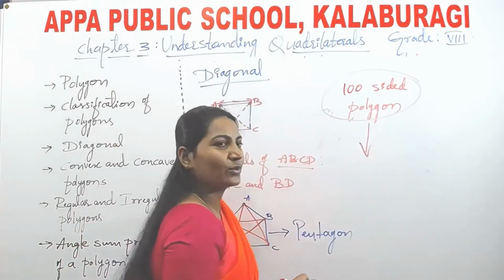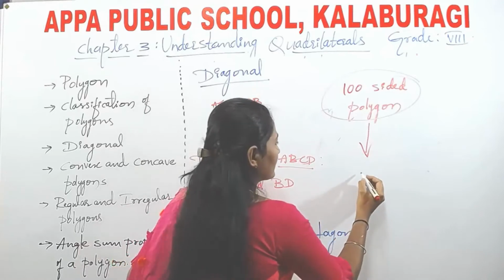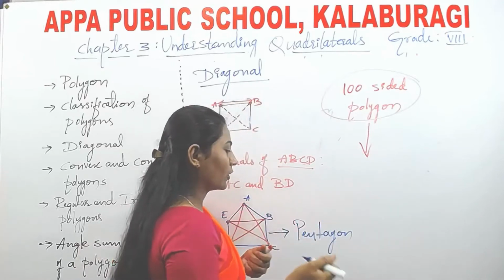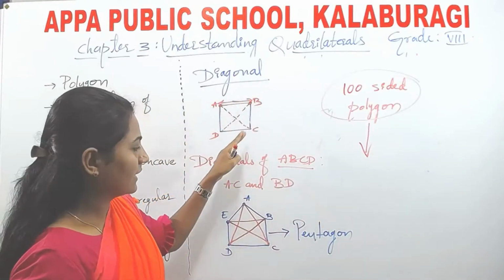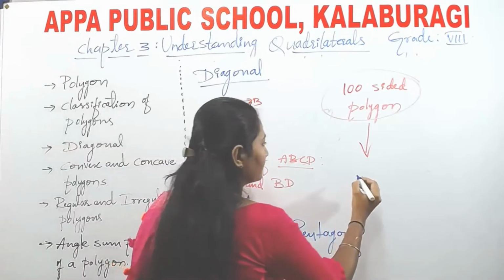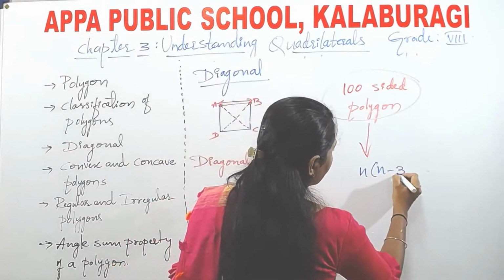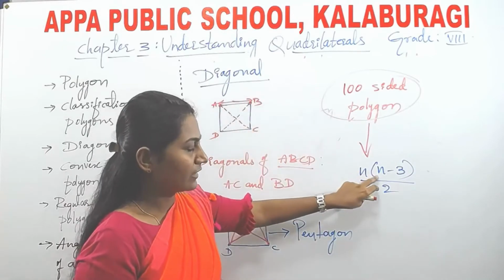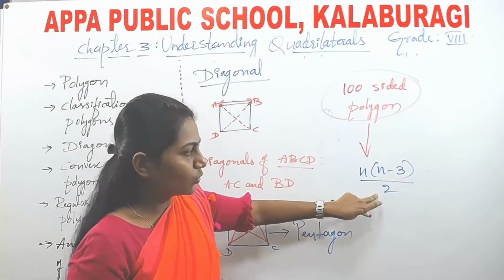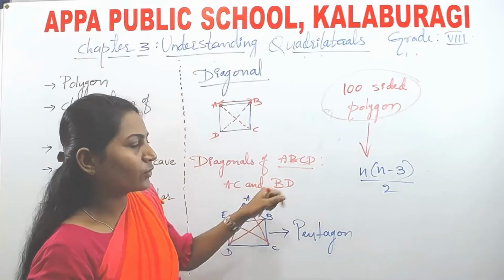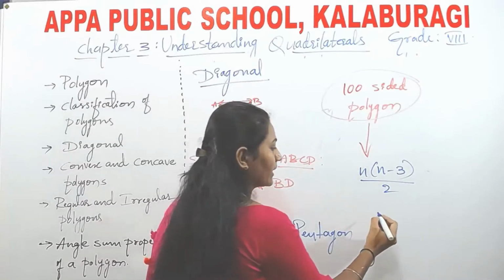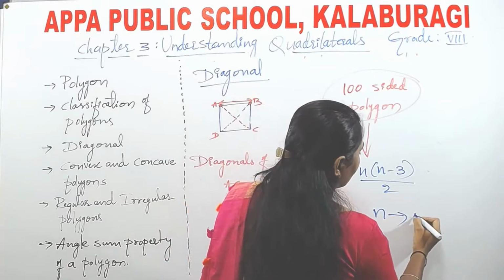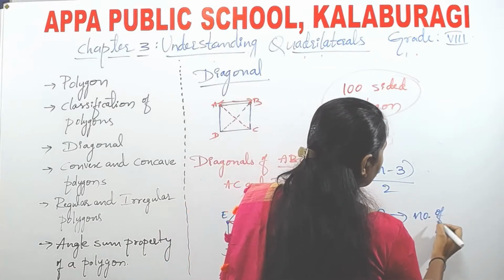So I will give you a formula for this. The formula to find the number of diagonals in any given polygon is n times n minus 3, divided by 2, where n stands for the number of sides, or the number of vertices. Anything would be fine. So to find the number of diagonals in a given polygon, the formula is n times n minus 3 divided by 2.